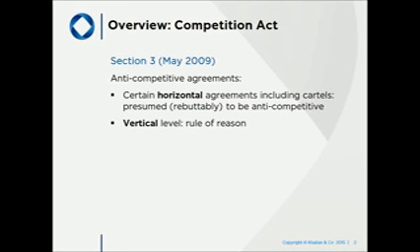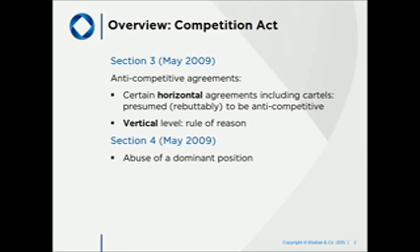The next section is Section 4. Again, this also went into effect May of 2009, and this one relates to abuse of a dominant position. One thing that I would like to add on both Section 3 and Section 4, which we're going to refer to today as the enforcement sections, is that any kind of sanction or punishment under the Indian regime for a breach of either of these two sections is going to be civil in nature.